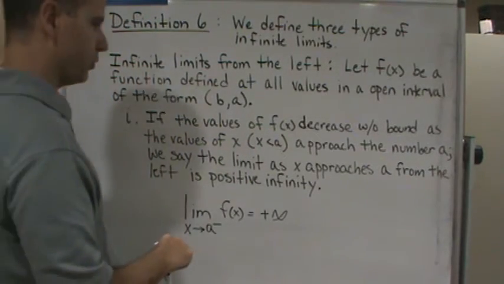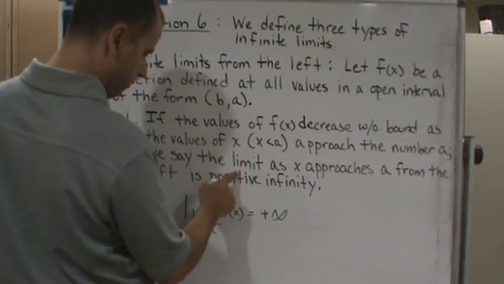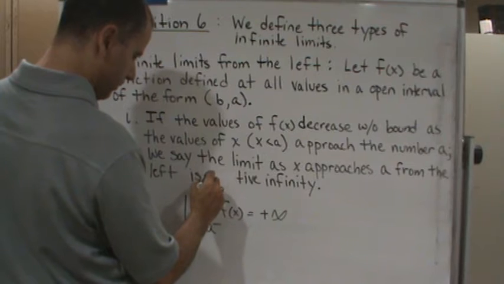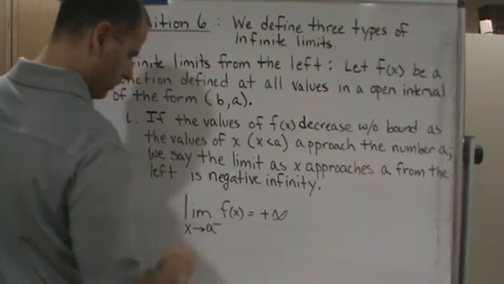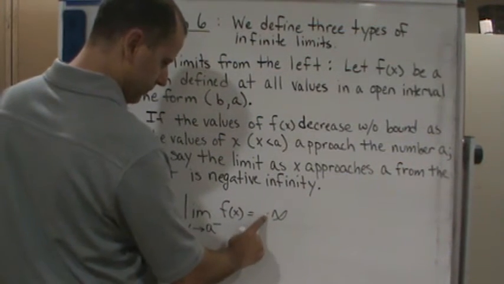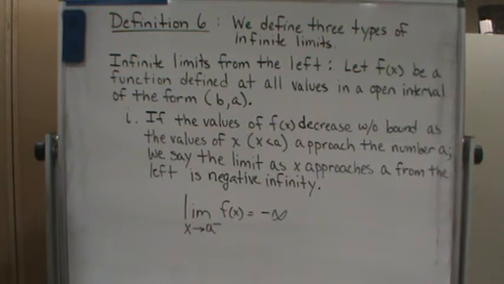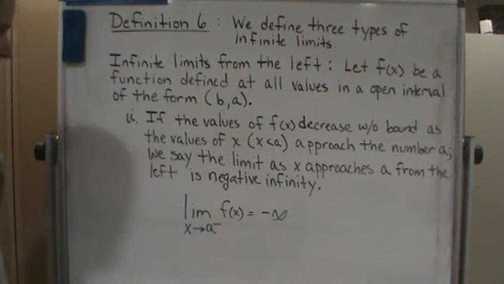We say the limit as x approaches a from the left is negative infinity. And so we would write it this way. Okay, that's it. So that's infinite limits from the left. And that would be number 2 in this case.